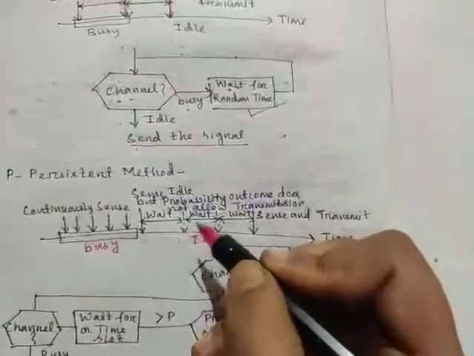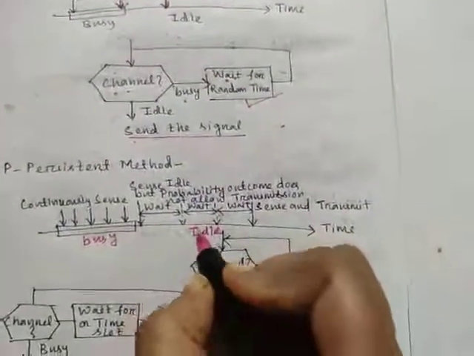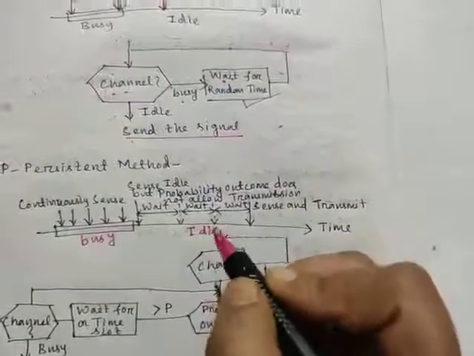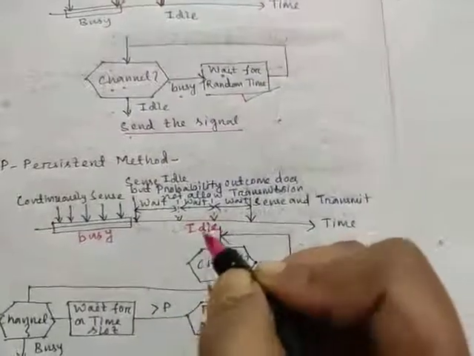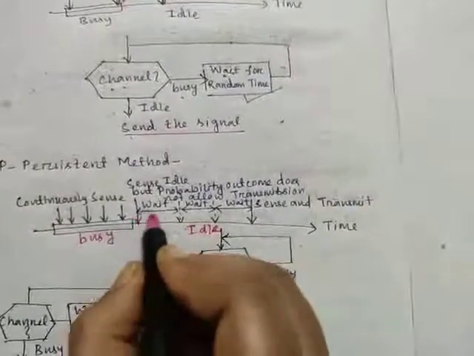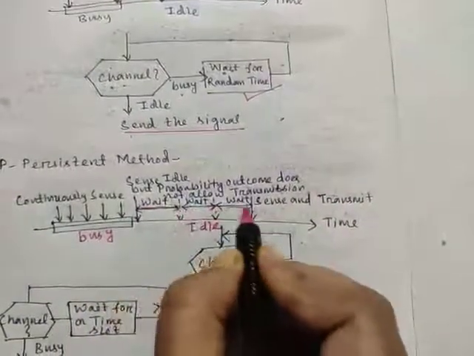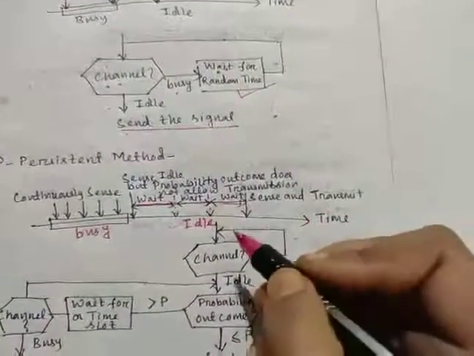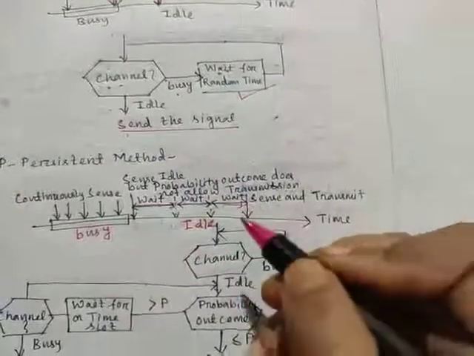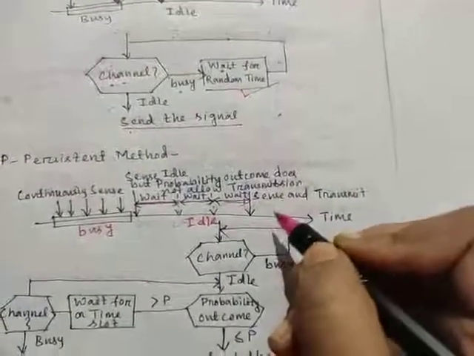Then, if it senses the channel idle, the probability outcome does not allow it to transmit immediately. It waits for a certain time slot. Here we can see, after this, when it senses the channel is not occupied, then it will start the transmission.